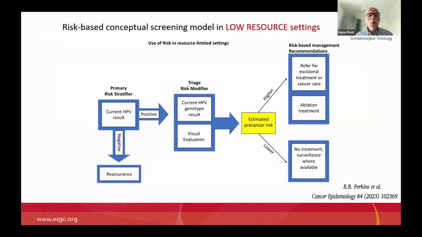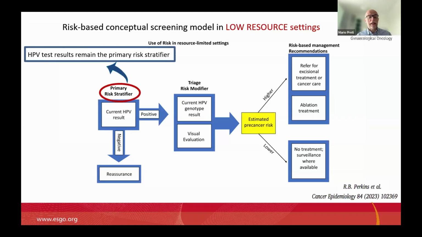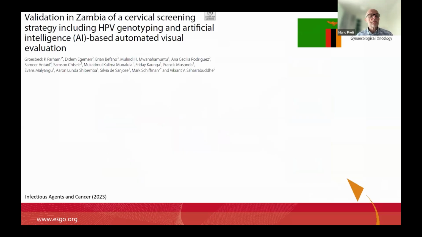So we have higher risk patients referred for excisional or ablative treatment, and with lower estimated risk, no treatment and follow-up if available. Of course, at the moment, HPV test results remain the primary risk stratifier.